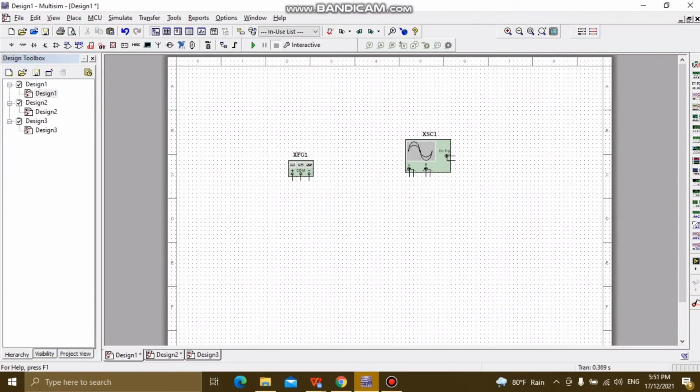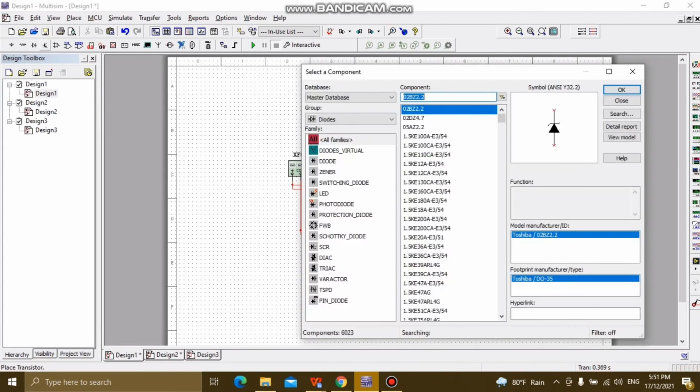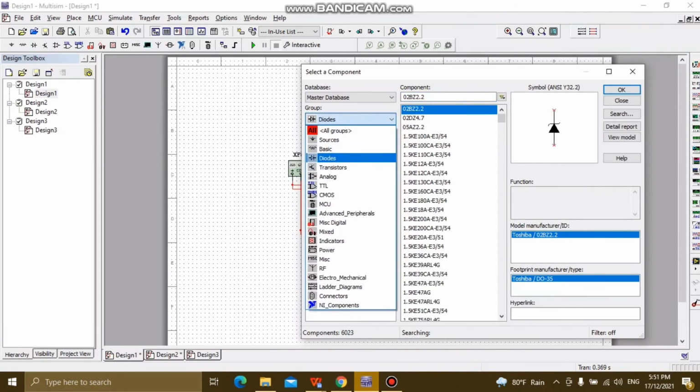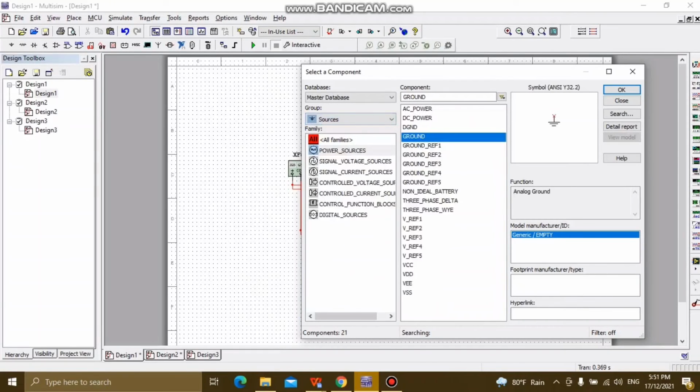So first we connect the wire, and then put the source, and then we can put the ground.